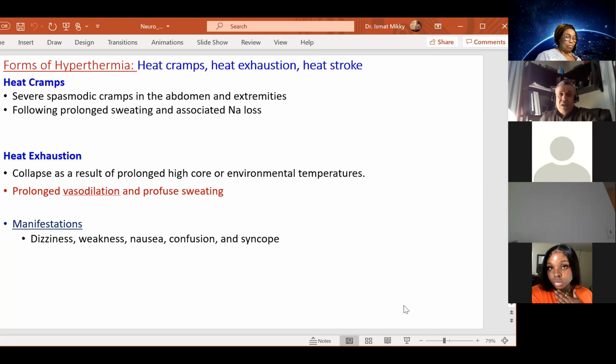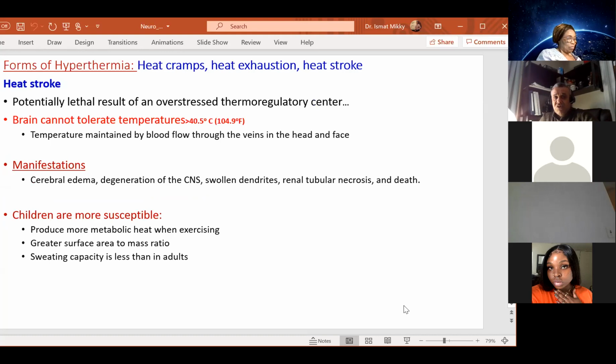That's like a higher level of heat cramps. It's still prolonged sweating and loss of sodium, but this results from prolonged high core and environmental temperature. So it's of higher intensity than the heat cramps. And these are some of the manifestations associated with the heat exhaustion.